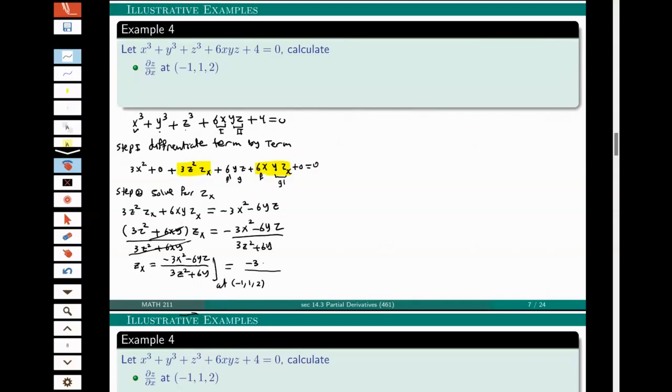You will get minus 3 minus 6 times y, which is 1, times z, which is 2, divided by 3 times z squared, which is 2 squared, which is 4, plus 6 times xy. So we will get minus 3 minus 12, which is minus 15. And here I have 12 plus 6, which is 18.